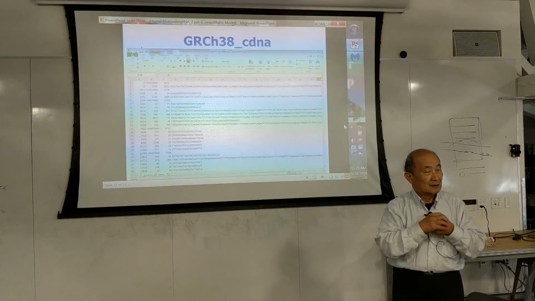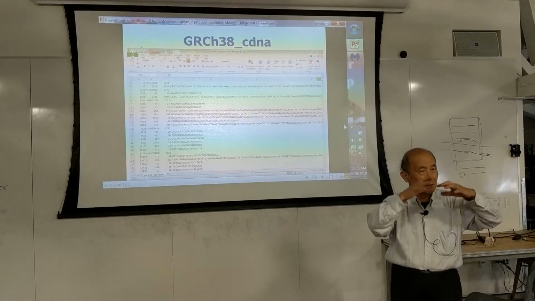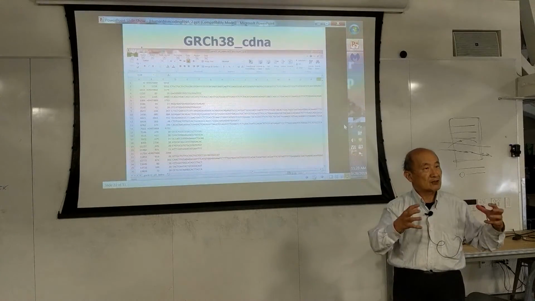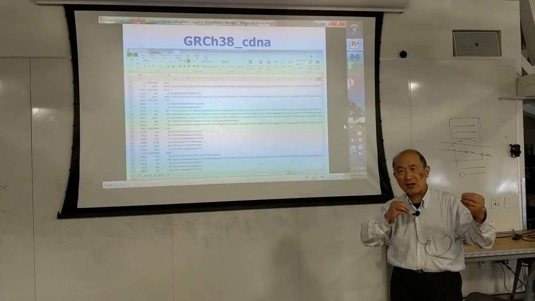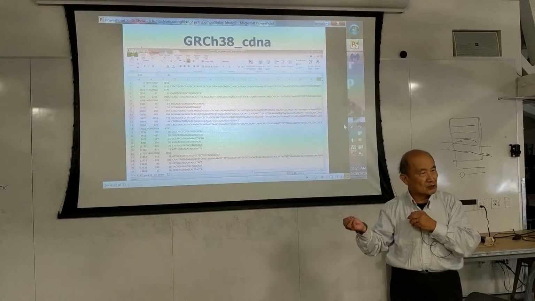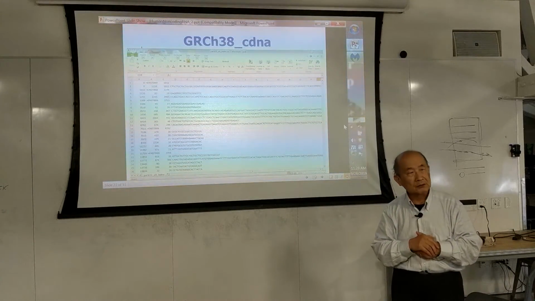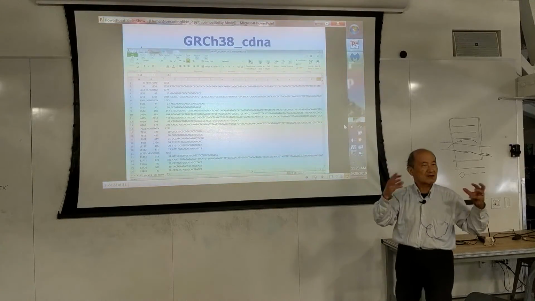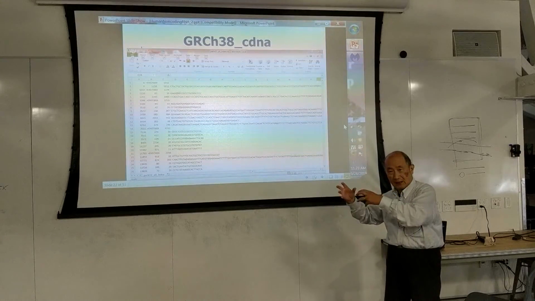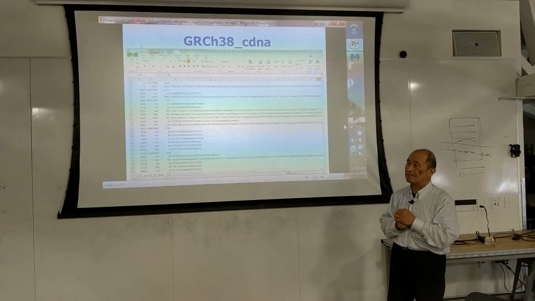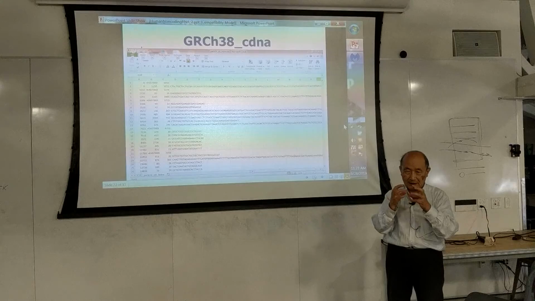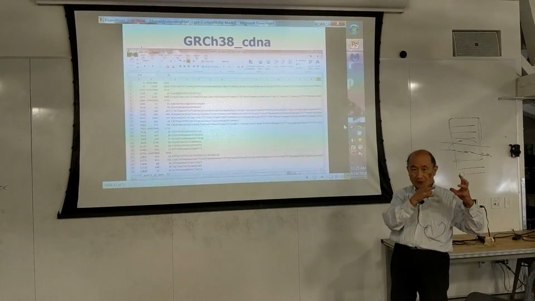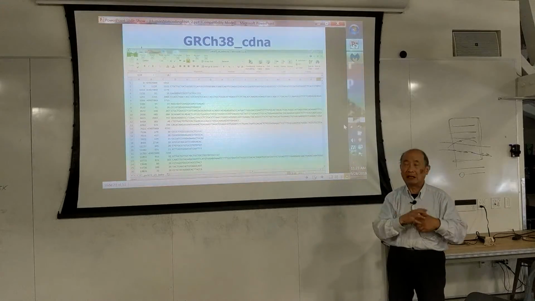And the ribosome is a basic machinery which translates messenger RNA into protein. And there are lots of transfer RNAs. These transfer RNAs are transferring the amino acids into the ribosome to build protein. And these are RNA molecules which actually have function.